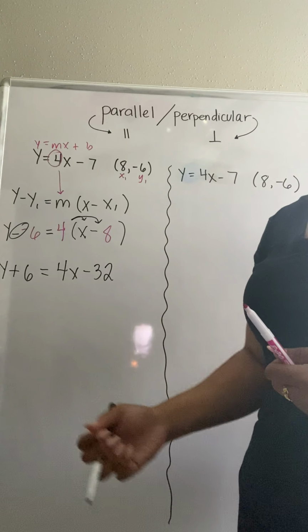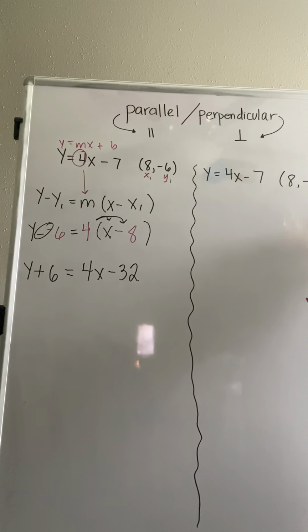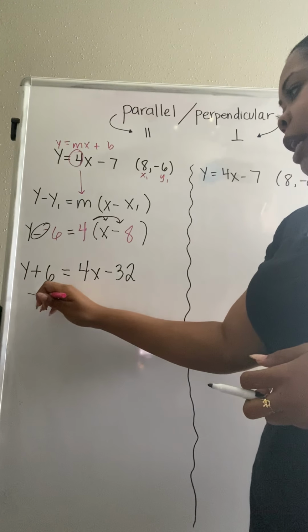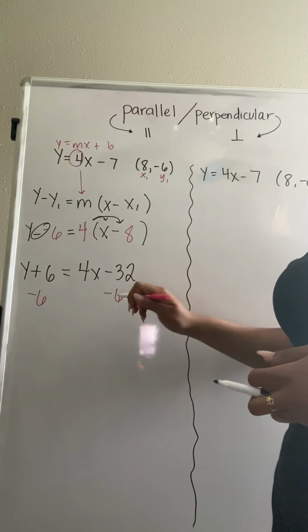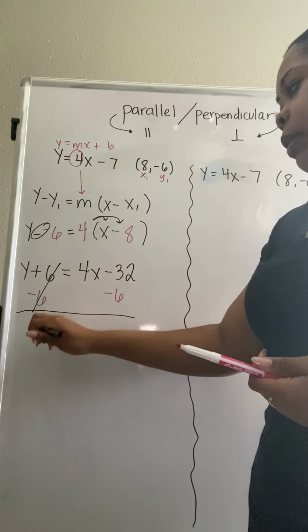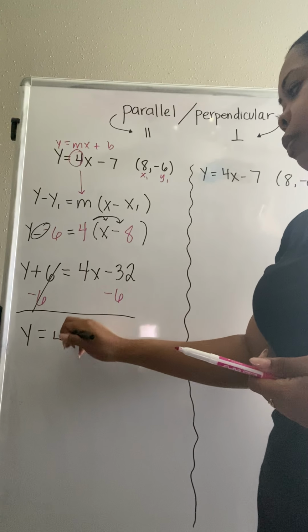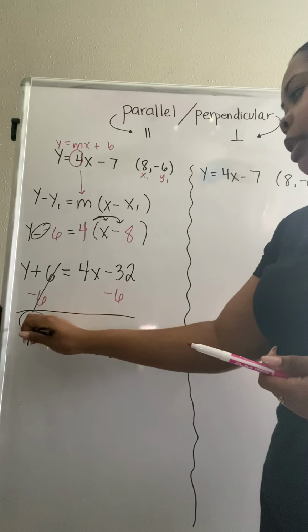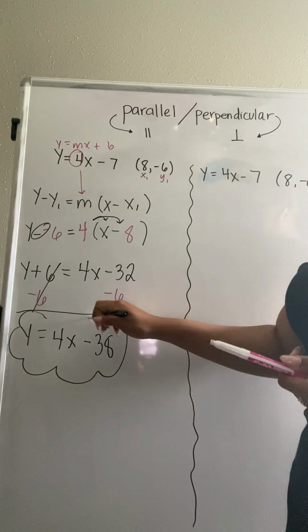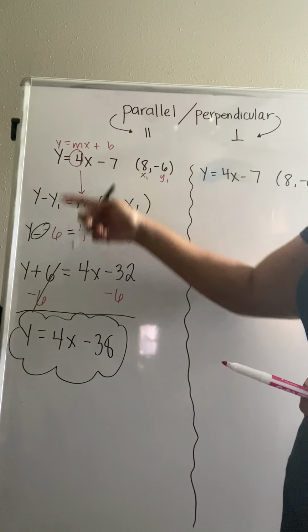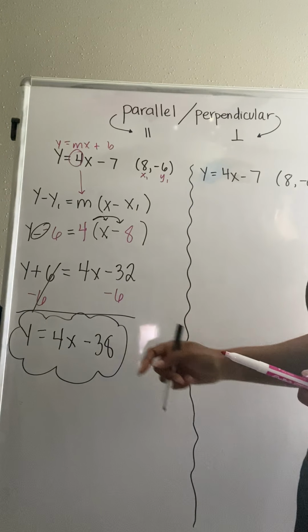Lastly, we want to get y alone, so we subtract 6 from both sides. We end up with y = 4x - 38. This is the equation of the line that is parallel to the original line. I know that they're parallel because their slopes match, and it goes through this point.